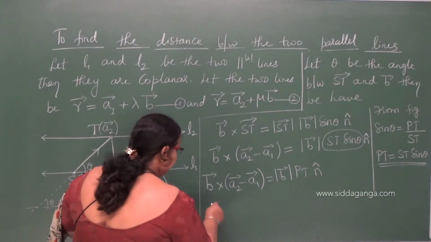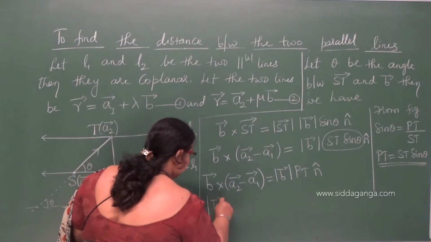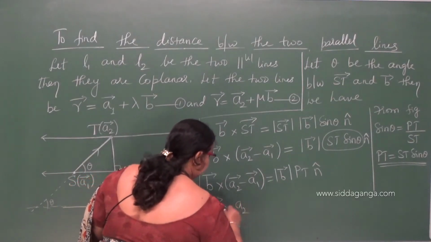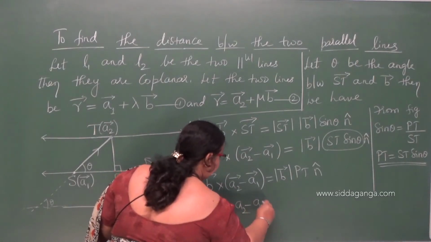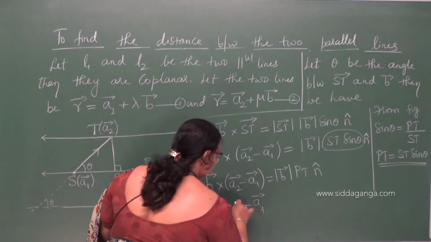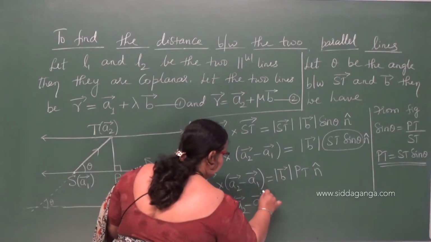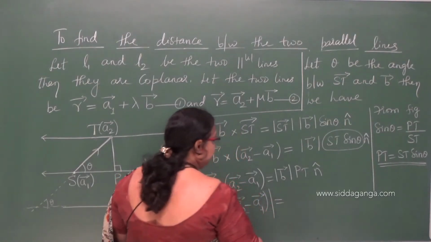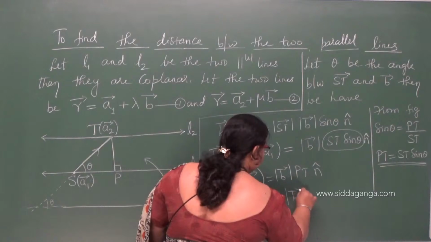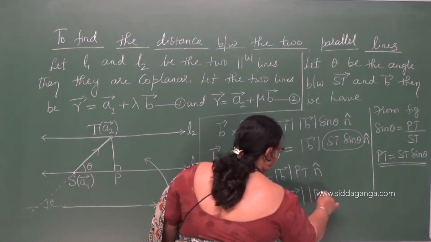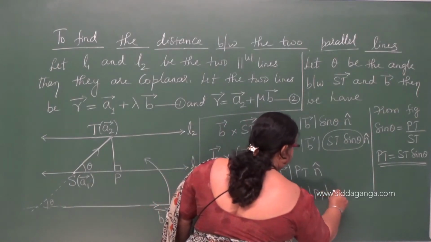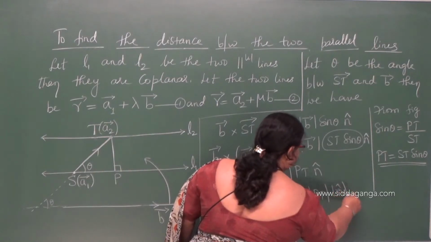So now the modulus of b vector cross a2 minus a1 vector is equal to magnitude of vector b into magnitude of vector PT into magnitude of n cap.